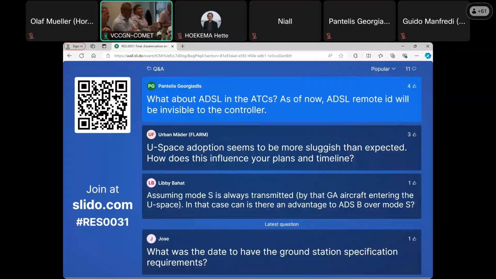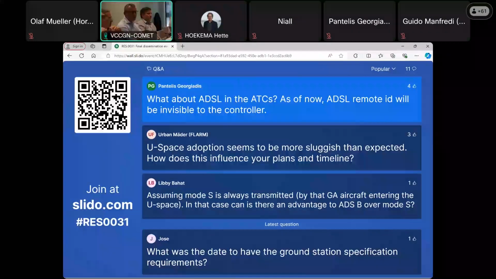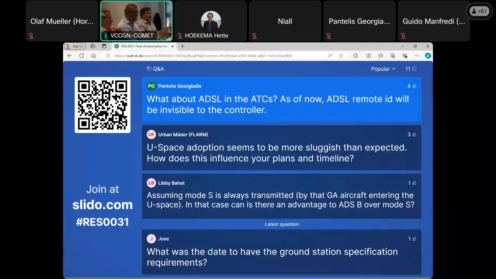What we want to achieve in terms of ATM, air traffic management, is to complement existing services, flight information services, and search and rescue operations, with an additional source of information, and we would like to clarify how that information could be used safely in the context of current operations.